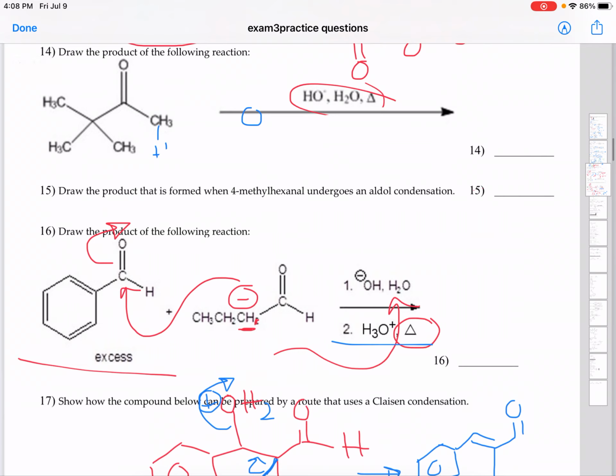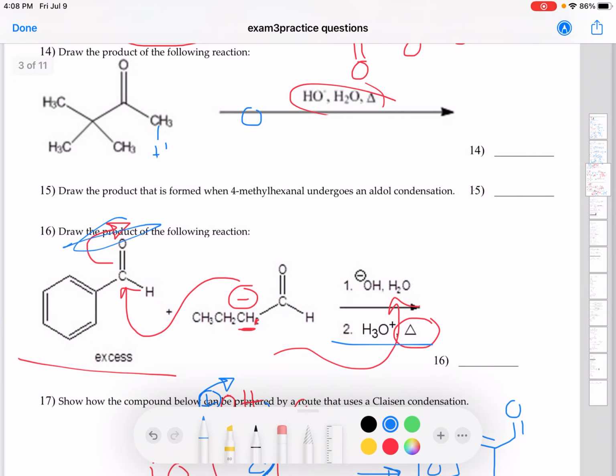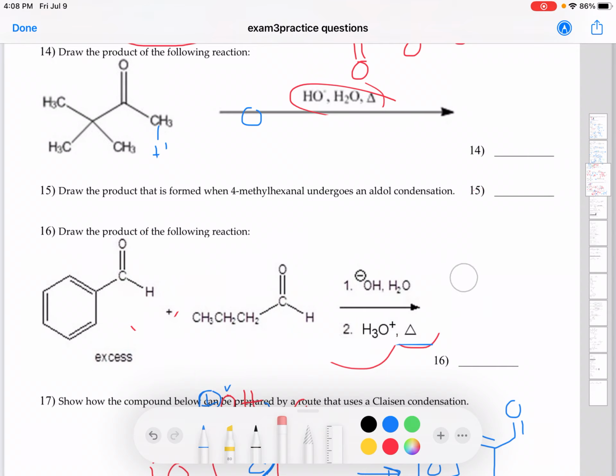All right, I think I didn't do number 15. You guys didn't even tell me. Good that I noticed it. 15. Draw the product that is formed when 4-methylhexanal undergoes an aldol condensation. I guess you know how to do this now already, since we did a couple of aldol reactions. I'll go ahead and erase this one. 4-methylhexanal.